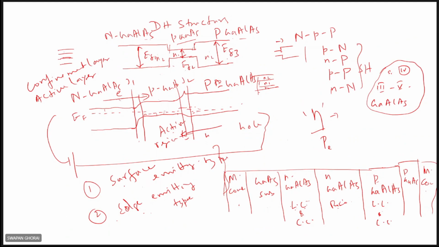So we have seen why heterostructure is here, because you need sources that must be of high efficiency, high power output, high internal current efficiency, and fast response speed.